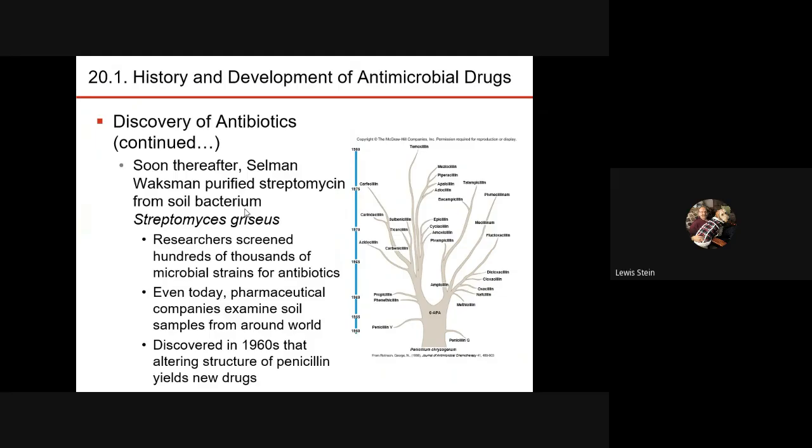And so Waxman, and this was the name of this very important species called Streptomyces. This is a soil bacteria. Okay? And that's where the name streptomycin comes from. And not only from members of this particular group, the Streptomyces group or genus, came a ton of antibiotics.